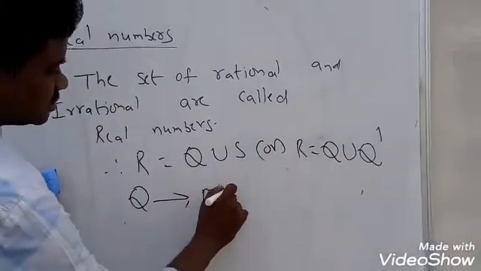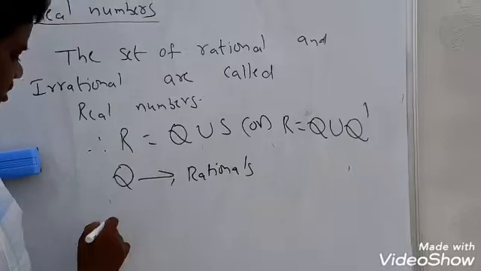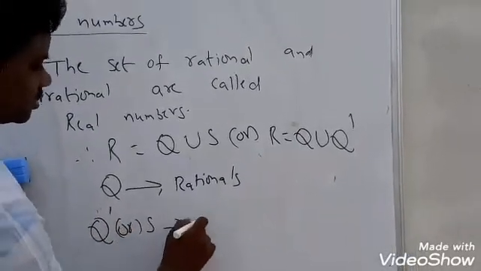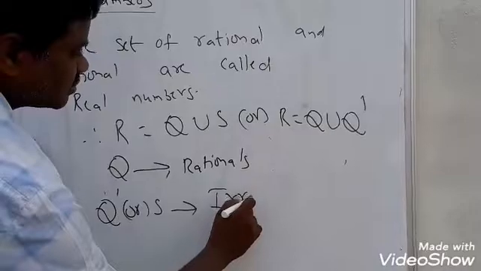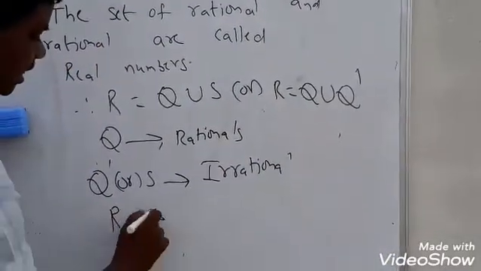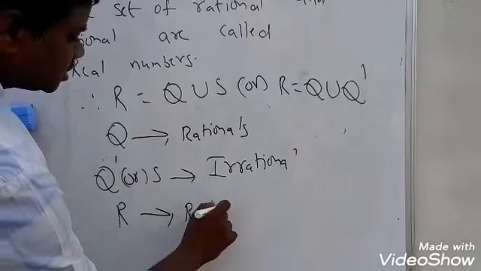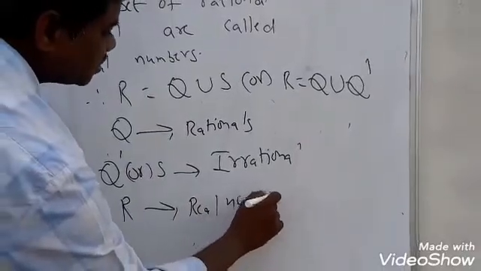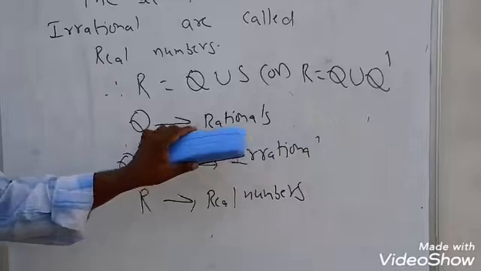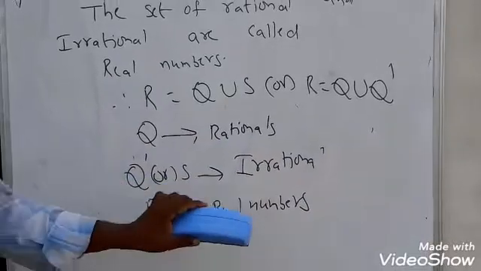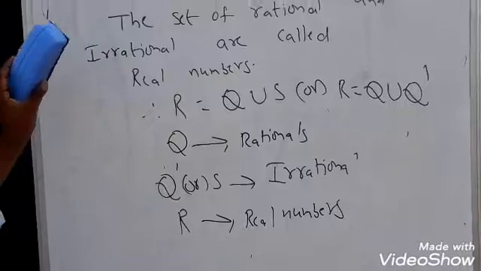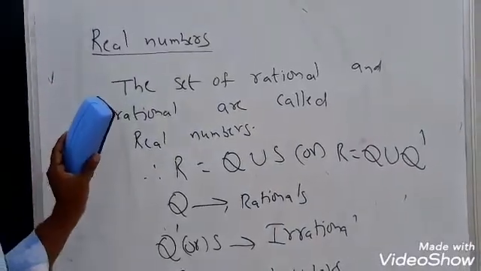Q means rationals, Q dash or S means irrationals, and R means real numbers. This is the definition of the real numbers.